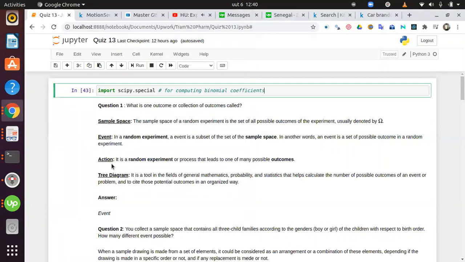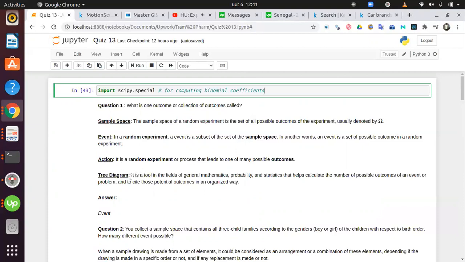They gave four possibilities: sample space, event, action, and tree diagram. Sample space is the universe of possibilities, so the set of possible outcomes. An event is a subset of this big sample space. An action is a random experiment or a process that leads to one of the many possible outcomes.